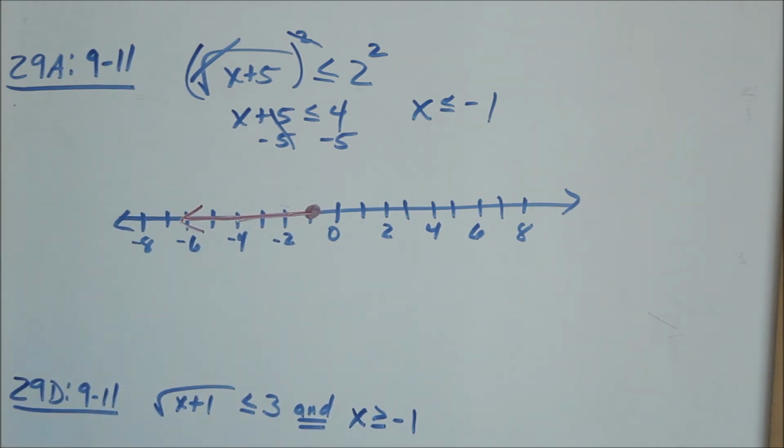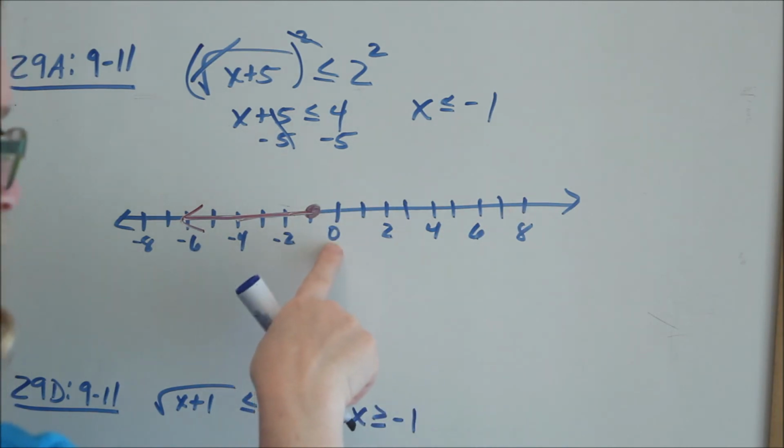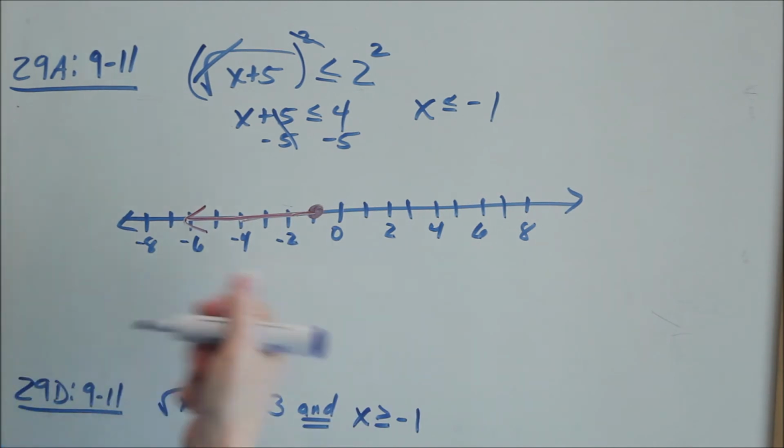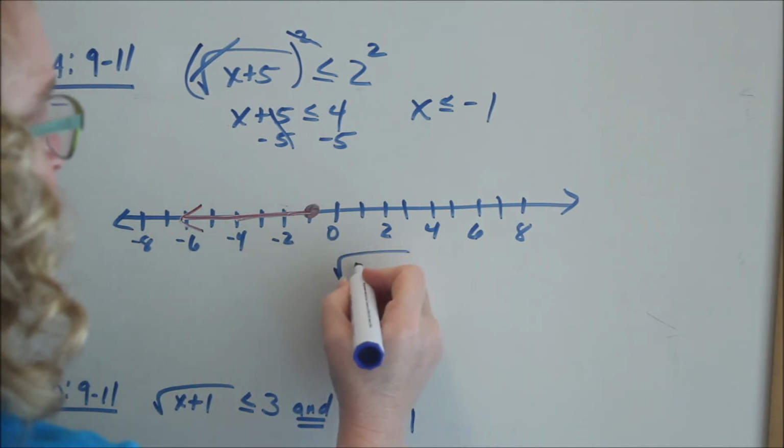So before I pick the number over here, let me pick a number over here to show you it's false. Okay? So you can do either way just to check. So let's just say I'm going to pick 0. Because it's to the right of there, it should be false. Because I can only use numbers negative 1 and going this way. So putting in 0 for x.